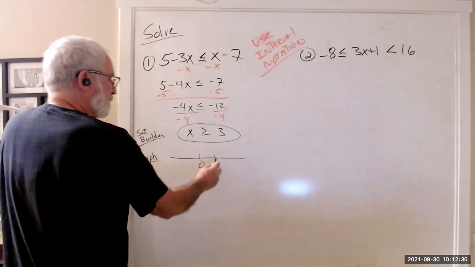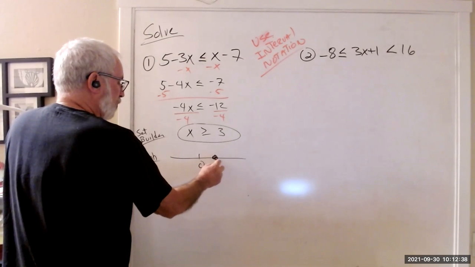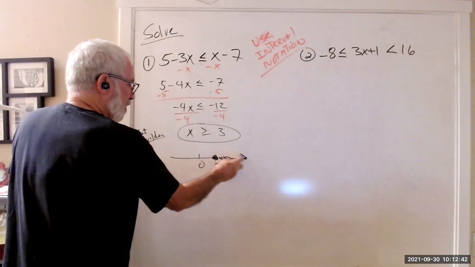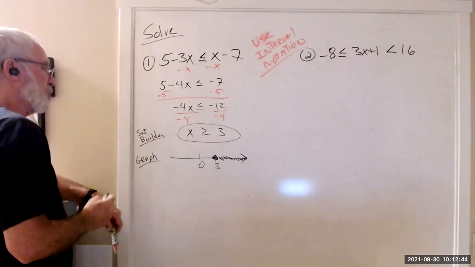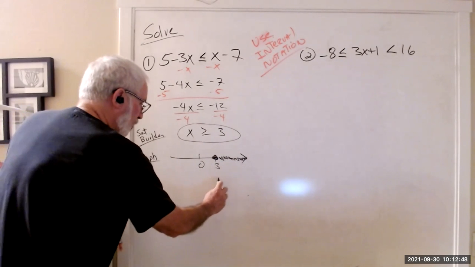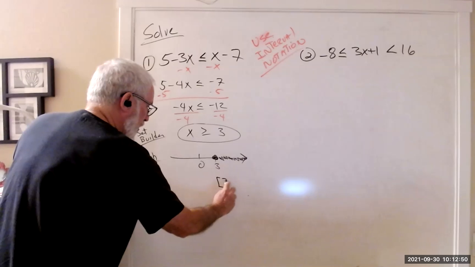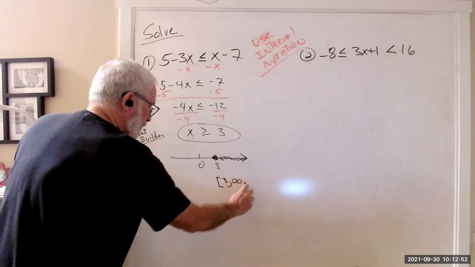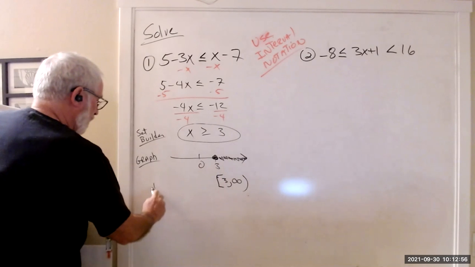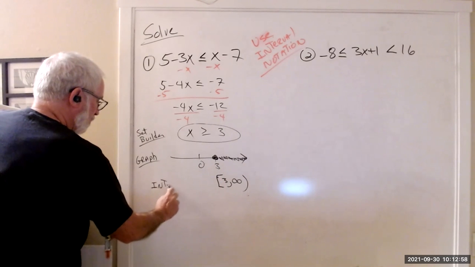X is greater than or equal to, so solid dot on 3, shading this way. So interval notation mimics the graph. Literally, it would be bracket 3 comma parenthesis infinity, like that. And that would be called interval notation.